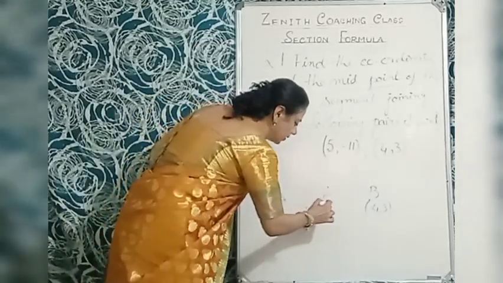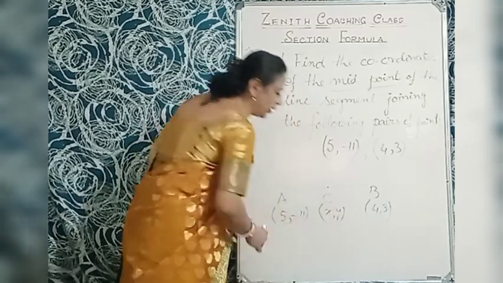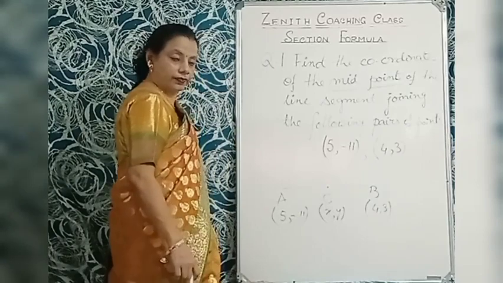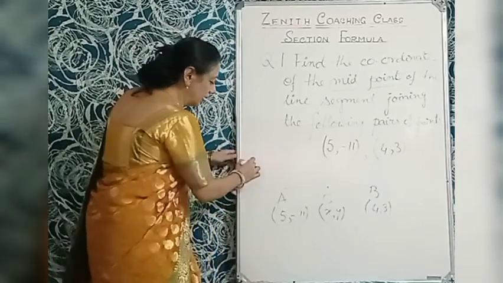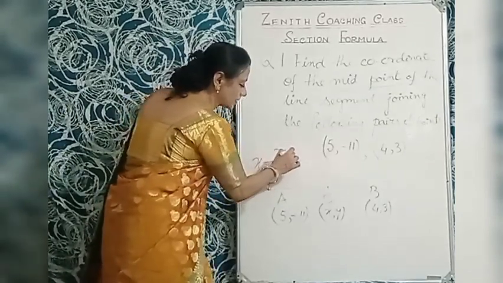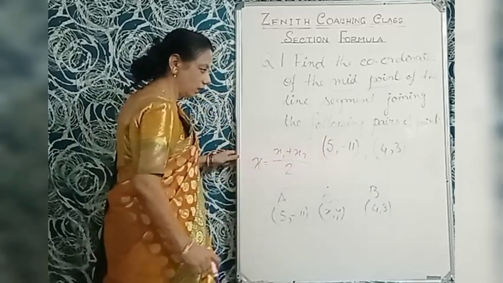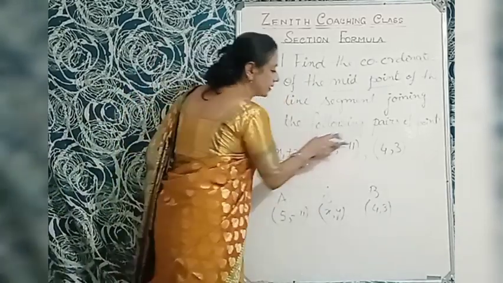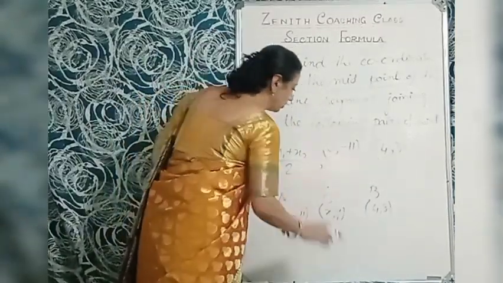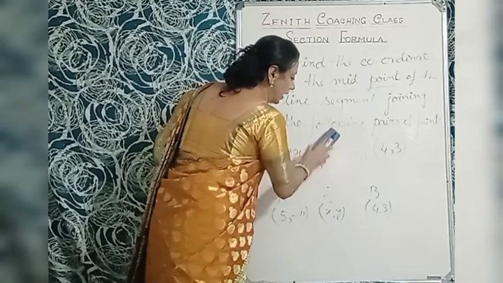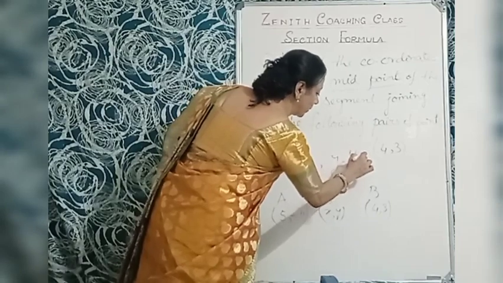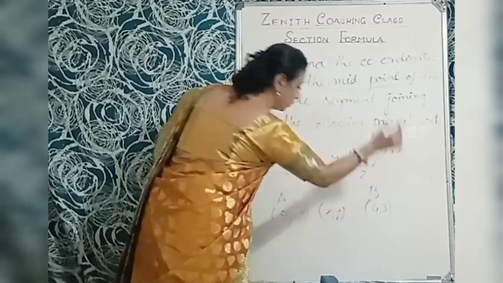Let's think the midpoint is C, with coordinates (x, y). So you have to find the midpoint C. What is the formula? x equals to (x1 plus x2) by 2, and y equals to (y1 plus y2) by 2.